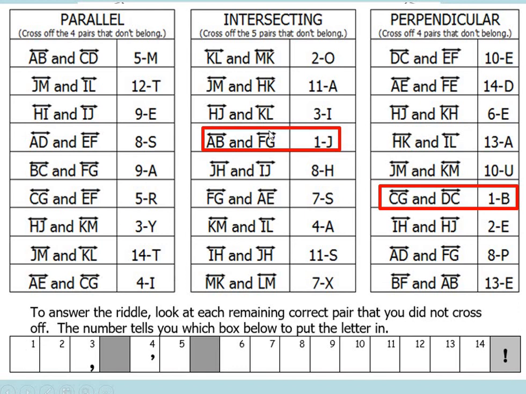So the easiest way to do this is to look at the two pairs that have that same number, go up in your diagram and determine which one of those is true and which one is false. Cross off the one that's false, and then use whatever letter it is for the one that's true to write down here. You also might want to circle the ones that you've determined are true, just so you can keep track of which ones you've looked at and which ones you still have left to try.